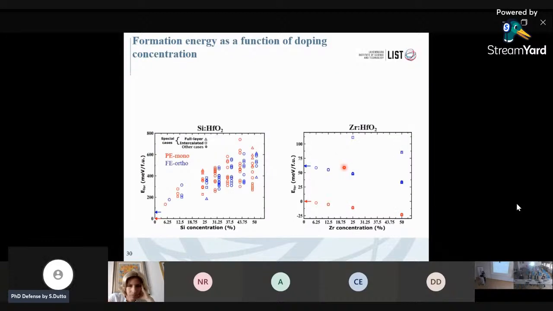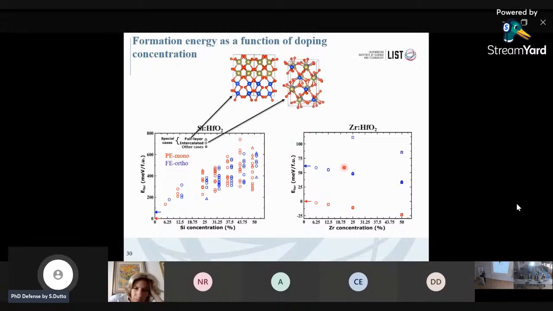So here I have plotted the formation energy as a function of doping concentration. Before explaining the results, let me explain the symbols first. Whenever you see a triangle in the graph, that means dopants are clustering there. Whenever you see a square, they are intercalated between the hafnia layers.